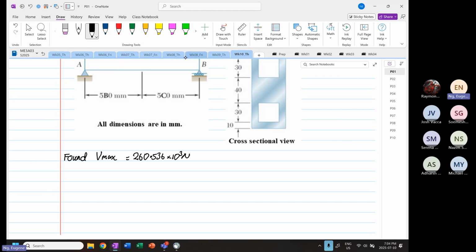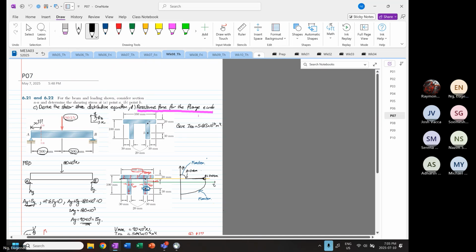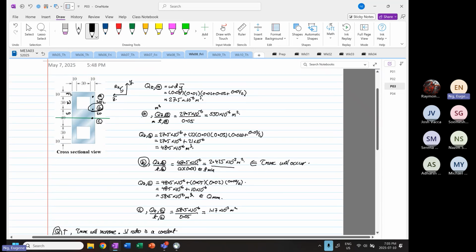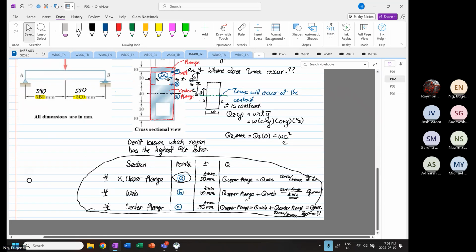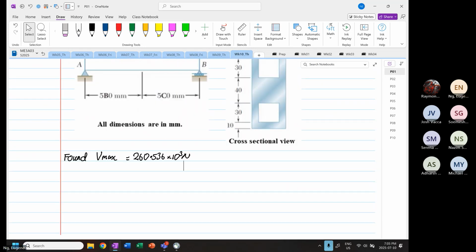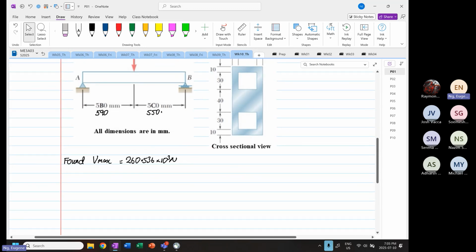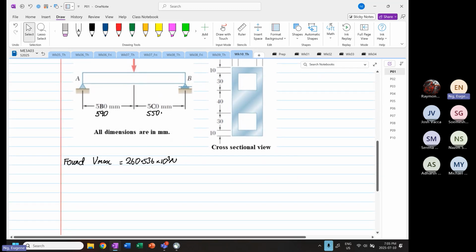And we are also aware of the dimensions that we have on the previous page, 590, 550. So we know our distance over here is 590, and then we have our 550. We are going to determine the value of P. With this, we are going to perform static analysis.